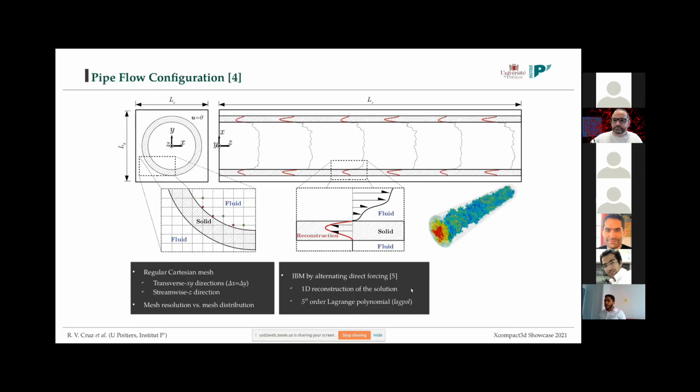For our pipe flow configuration, I will briefly present it here. We use a regular Cartesian mesh to discretize the 3 Cartesian directions. X and Y are the transverse directions, and Z is the streamwise one. When we use a Cartesian mesh like this to discretize a circular pipe geometry, we obtain an irregular distribution of our mesh nodes with respect to the wall.